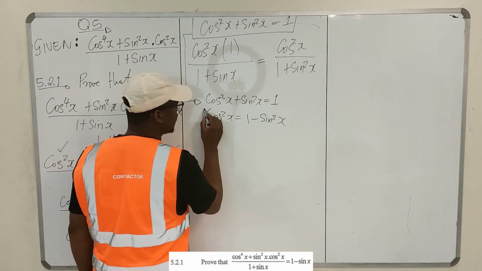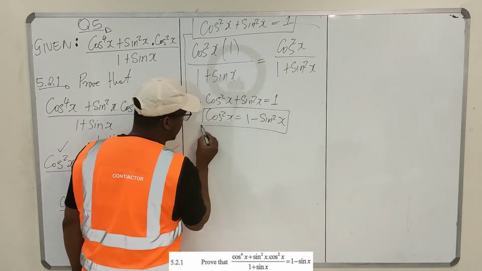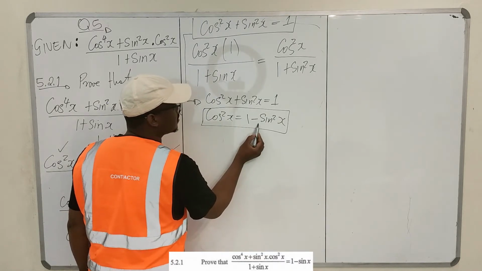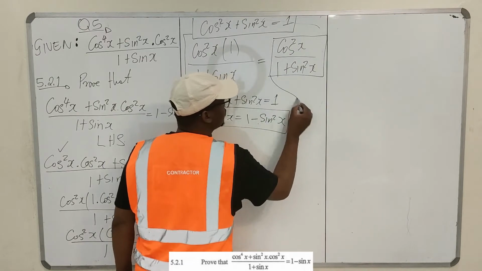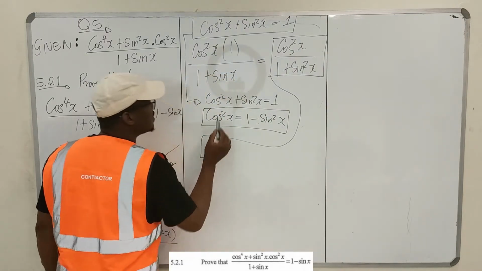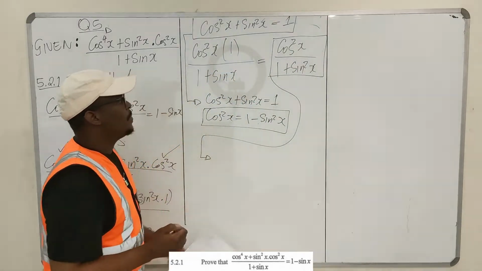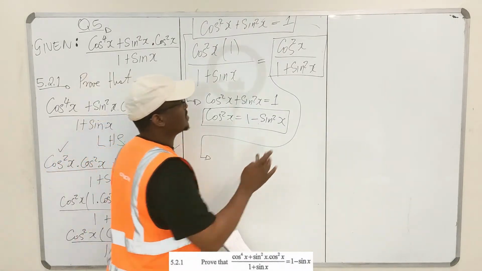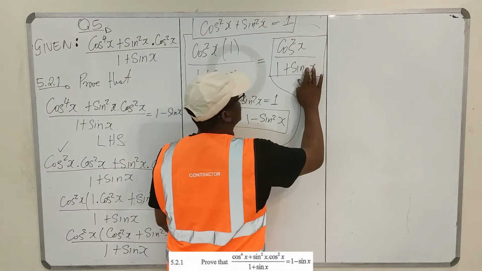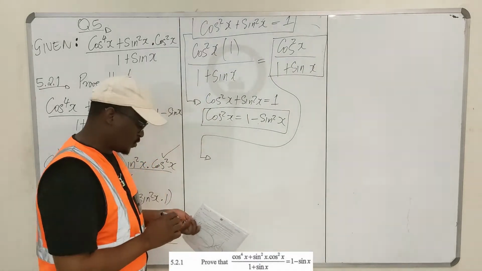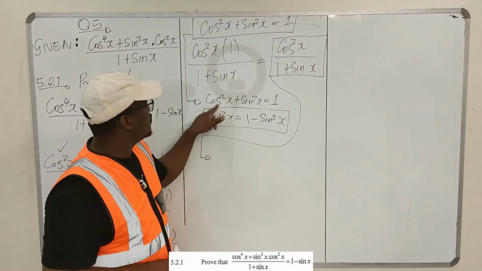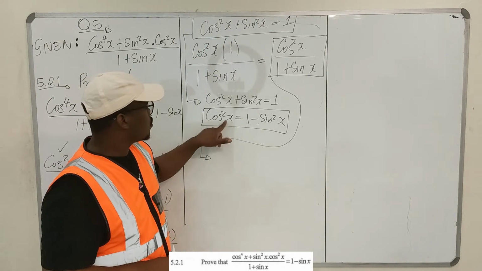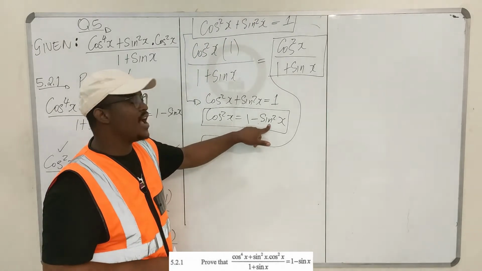Looking here, you have cos squared x over 1 plus sine x. So cos squared x is equal to 1 minus sine squared x from the same identity.